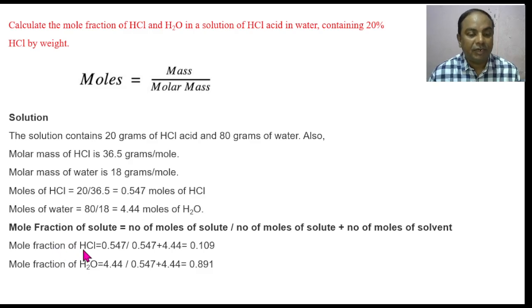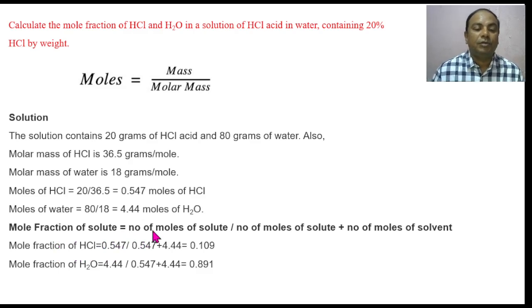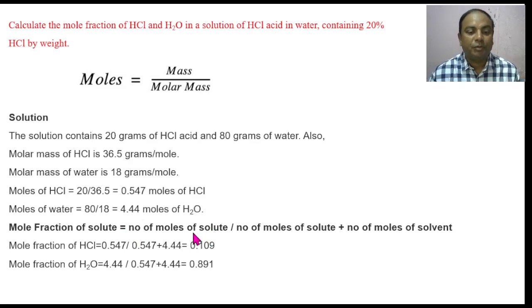Mole fraction of solute equals the number of moles of solute divided by the number of moles of solute plus the number of moles of solvent. The moles of HCl is 0.547, and dividing by the total moles, it comes out to be 0.109 as the mole fraction of HCl.